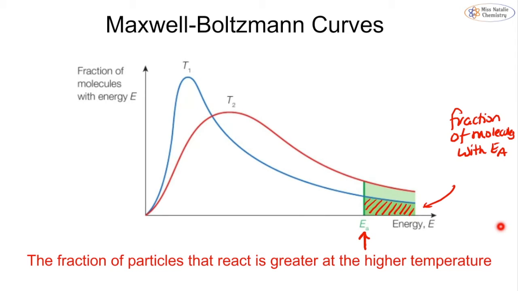When we increase the temperature, what we see is that fraction becomes larger. So as well as the diagonal lined part, I also have the vertical lines that I've just drawn as well. So section 1, let's say the bottom part, is for T1, whereas T2 will have section 1 and section 2. So your fraction that will react is going to be higher at a higher temperature.